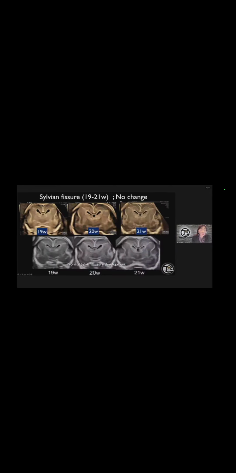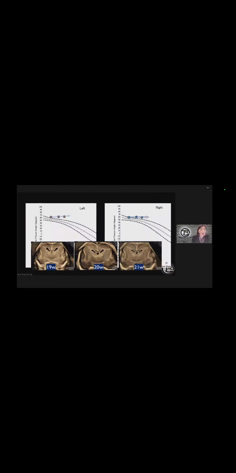However, after that, week by week, you can see this is a normal Sylvian fissure in the lower row, but here you can see almost no change of the Sylvian fissure angle, and this is a FOXC2 gene variant. So it happens. So it is quite difficult, and quite important, to measure longitudinally.